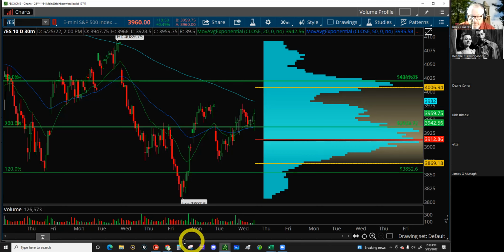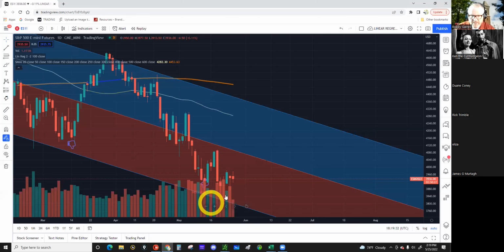Now, we can kind of confirm that assumption by looking at the linear regression channel. Here's the day that I call bear market, here's the day that I call recession, and we've got a big old range here, y'all, where this market can easily go way back up, maybe to, what is that, 4211?